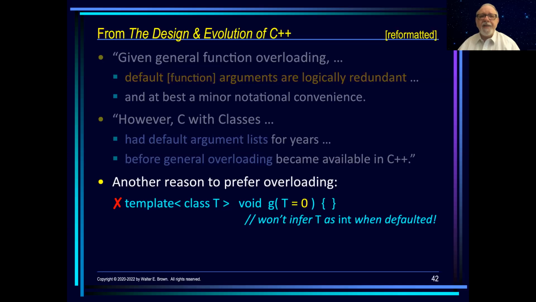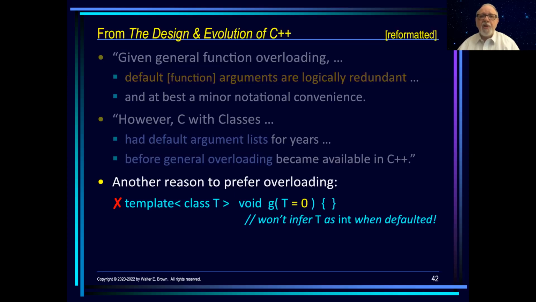Take a quick look at this declaration. Yes, there's a default for the function argument. But when type inference is involved, default function arguments don't play any role. So if you try to call G with no argument, that won't work.